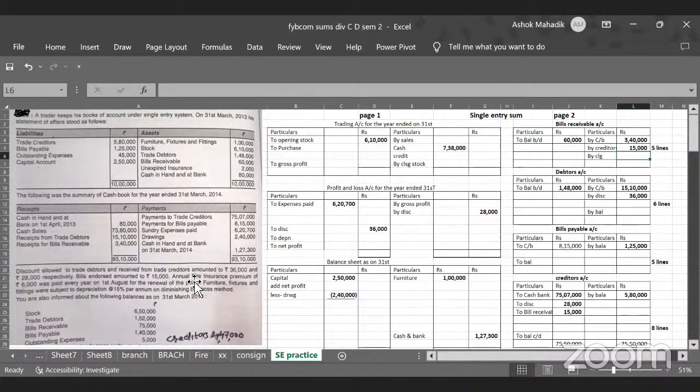After that, annual fire insurance premium of 6,000 was paid every year on 1st August for the renewal of policy. So we have one expense of 6,000, which we pay every year. We were provided one figure of expenses paid. See, on the credit side of the cash book in the second table, it was the third item, sundry expenses paid, 6,20,700.